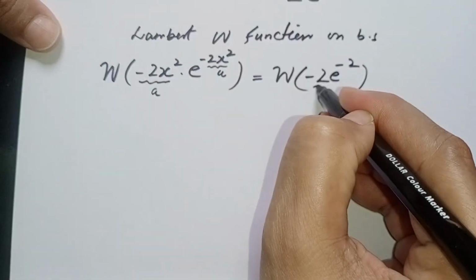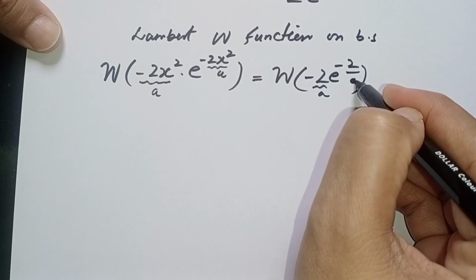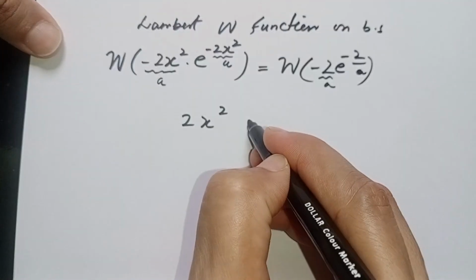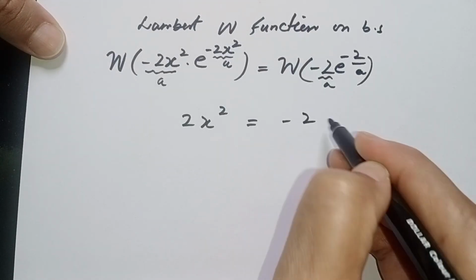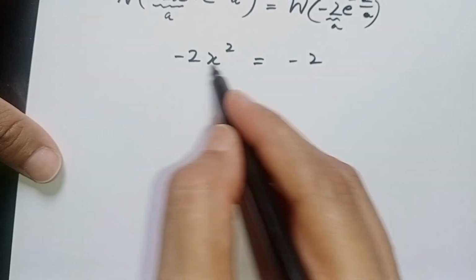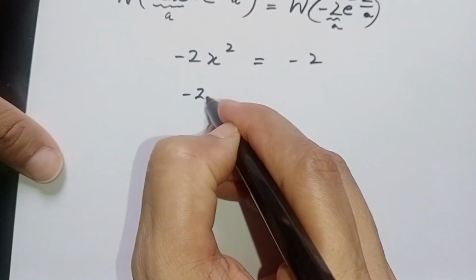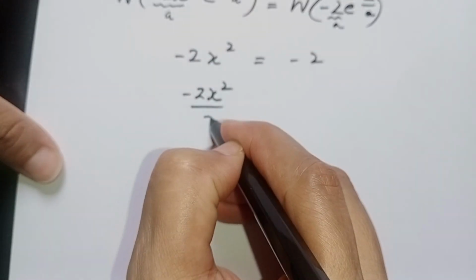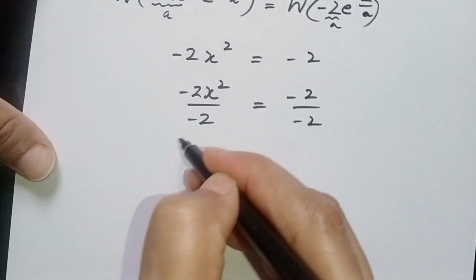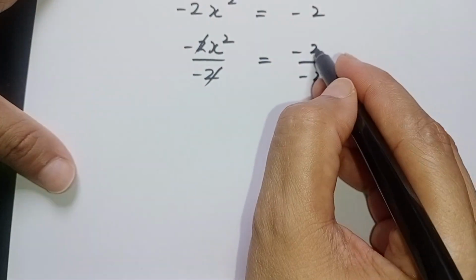So we will get minus 2x squared is equal to minus 2. Dividing on both sides by minus 2, the minus 2 over minus 2 will cancel out.